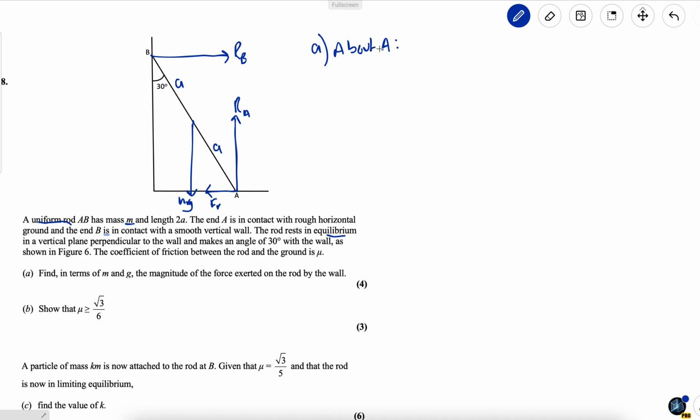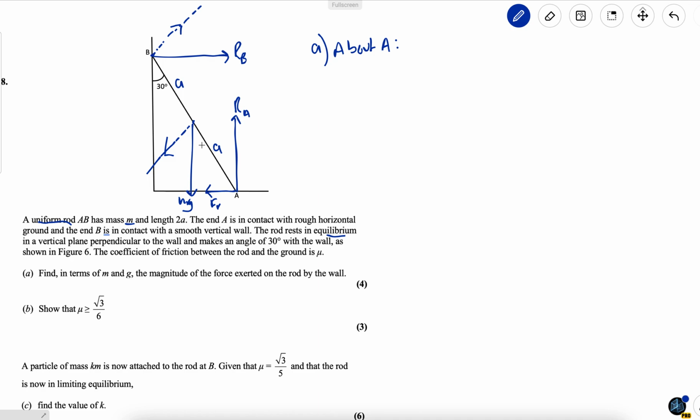About A. So now I need to find the components that are perpendicular to the ladder. So I need to resolve this one, only its perpendicular component, because I won't be using the parallel one, and this one here, so I'm drawing 2 lines perpendicular to the ladder. Now I need some angles.